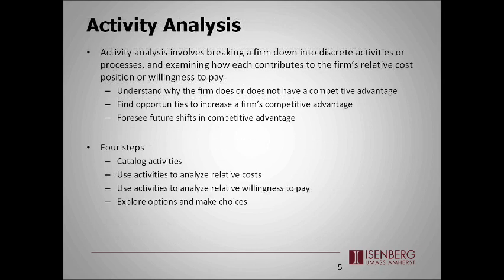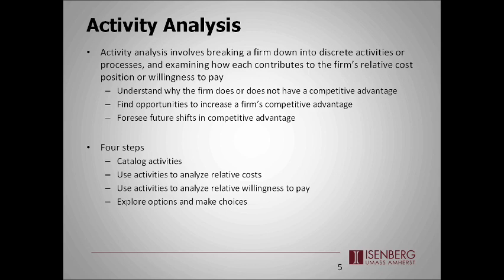Activity analysis is an important tool for strategists dealing with business level strategy. And the goal is to break the firm down into its underlying activities and processes and understand each one's implications for cost and willingness to pay.